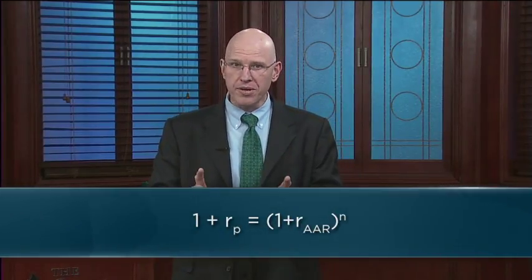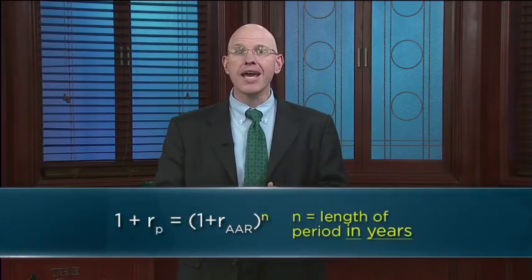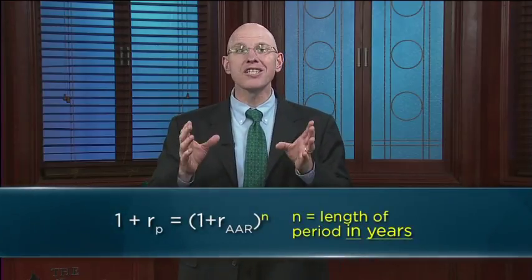All you need to remember is that in this equation, n is the length of the period measured in years. In other words, if RP is the periodic rate for a month, then n equals 1/12, since 1 month is 1/12 of 1 year. And if RP is the periodic rate for 1 day, or a daily rate, then n equals 1 over 365.